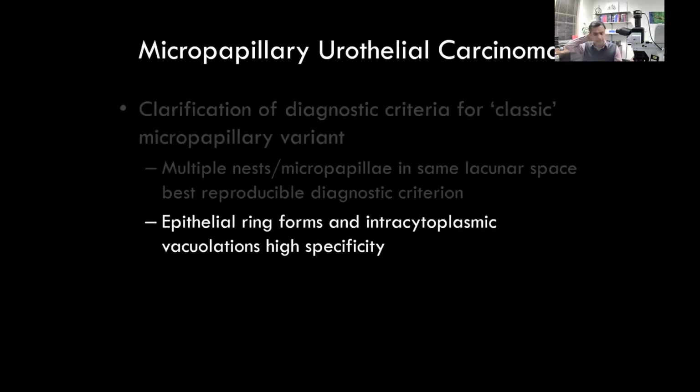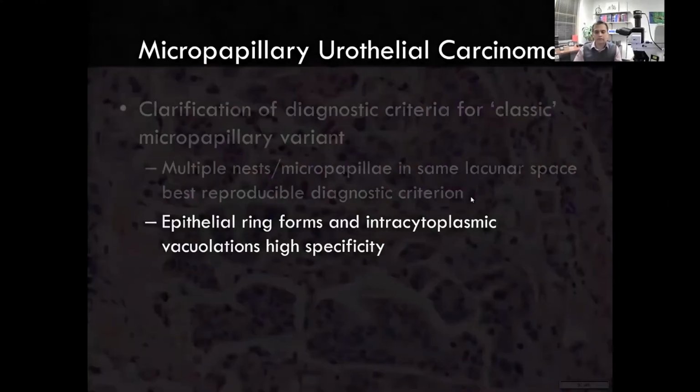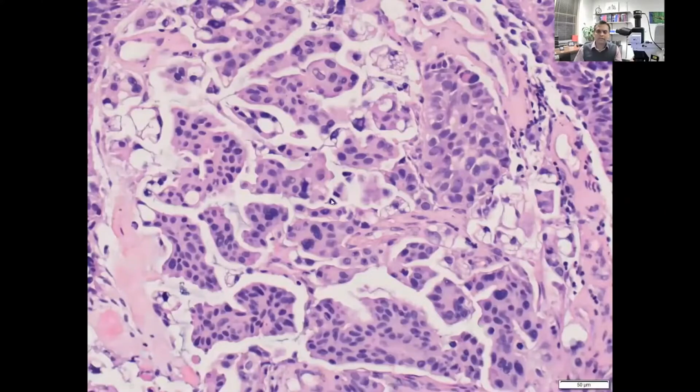And then they also found in that study some other features that are not as specific as the one I just showed, but still have very high specificity. These are called the epithelial ring forms and intracytoplasmic vacuolation. So what is an epithelial ring form? Right in the center of this micropapillary cluster in a lacunar space, you can see the epithelial ring form.